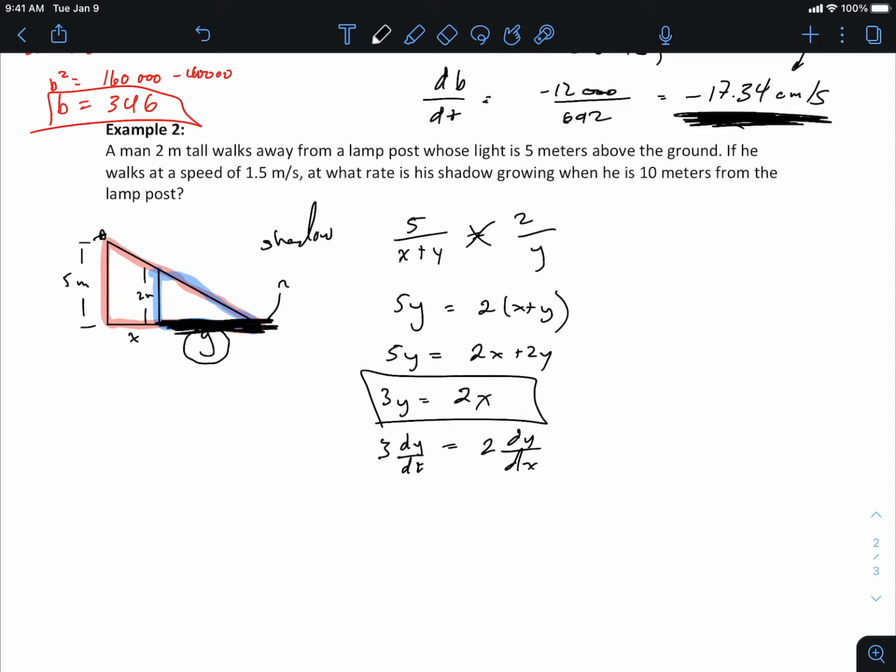Now, this here represents the rate at which the man is walking, how quickly he's walking. It's 1.5 meters per second.